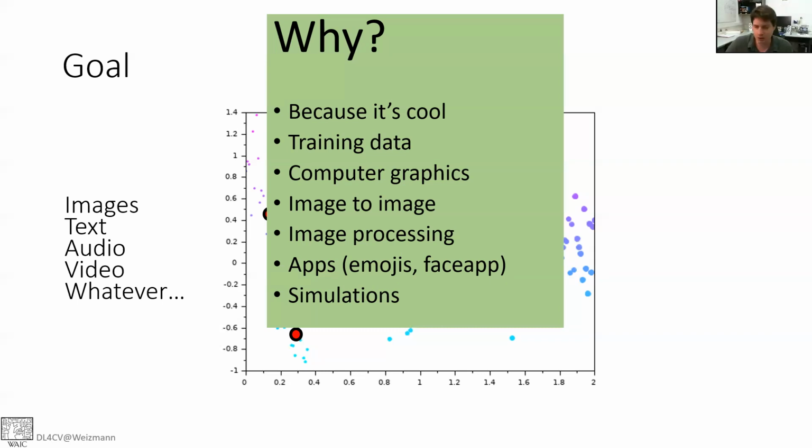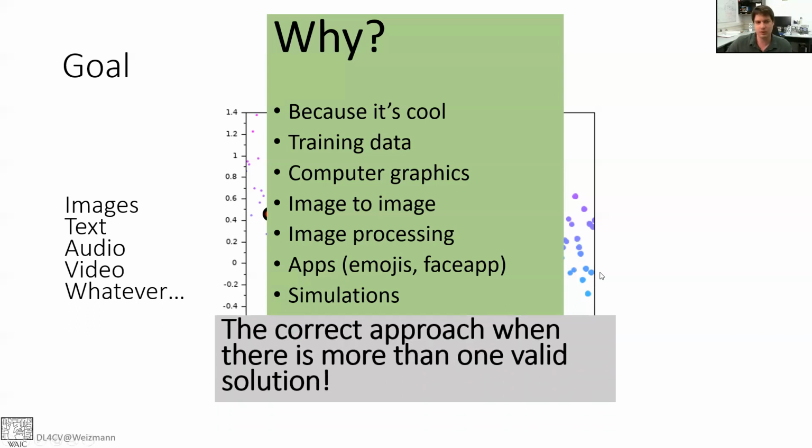All of these are really cool and nice, but I hope that by the time we're done today, I'll be able to convince you that generative models are actually more than this, because generative models are an approach, and it's the correct approach for any situation when you have more than one valid solution.